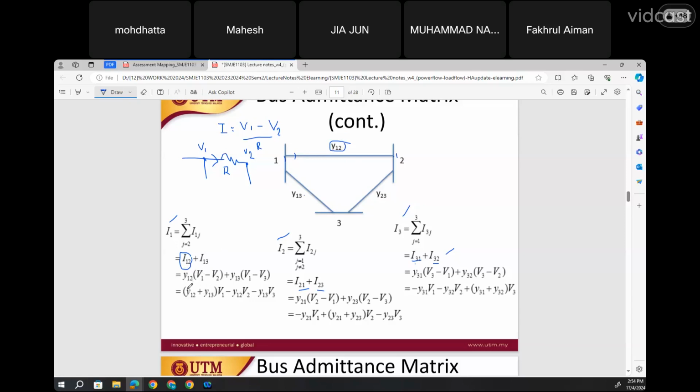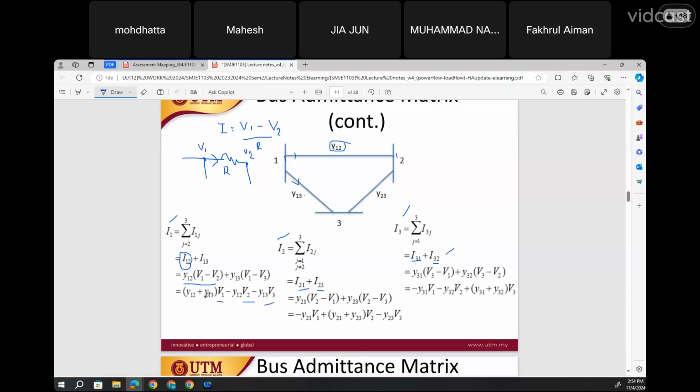So here, the first one should be like this. And for 1 to 3, remember the current is flowing that way. We have V1 minus V3, and the admittance value here is Y13, right? After rearranging all this, you can see that we have V1, V2, and V3.